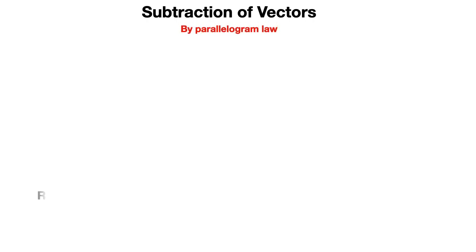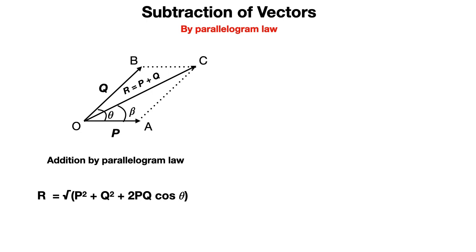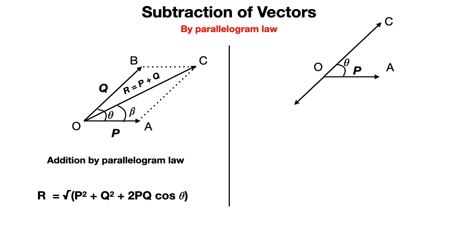Subtraction by parallelogram law is again similar and is being quickly reproduced for your reference. Take vector P represented by OA, Q represented by OC, and reverse Q to get minus Q. The angle between P and minus Q is theta dash.